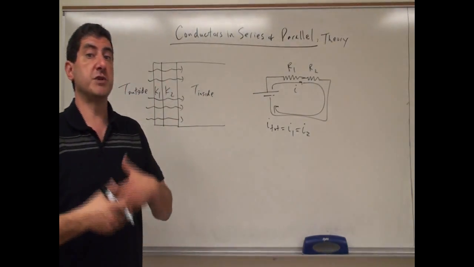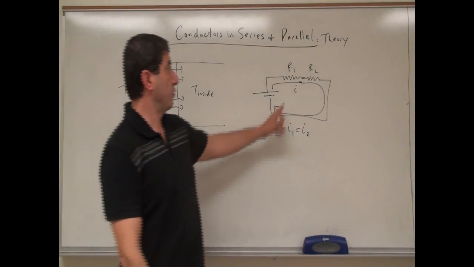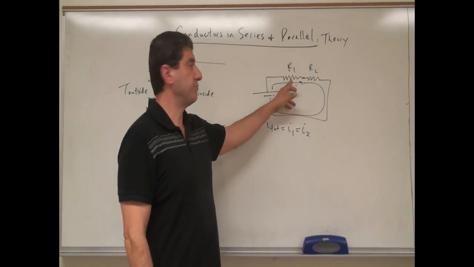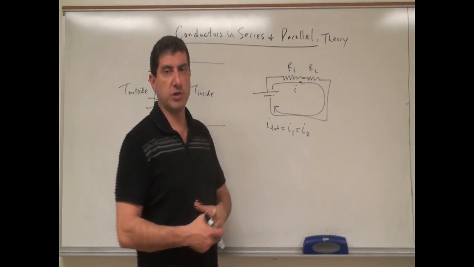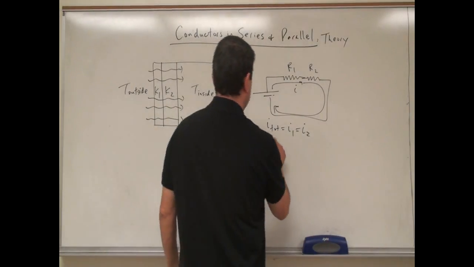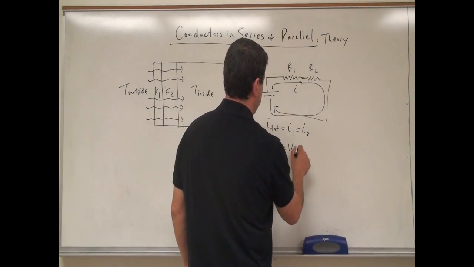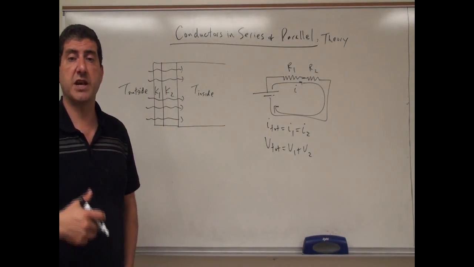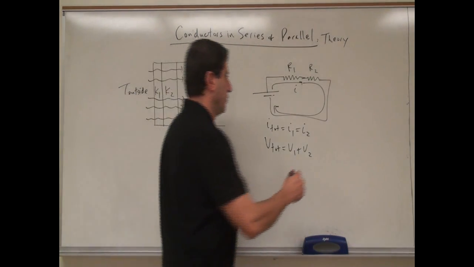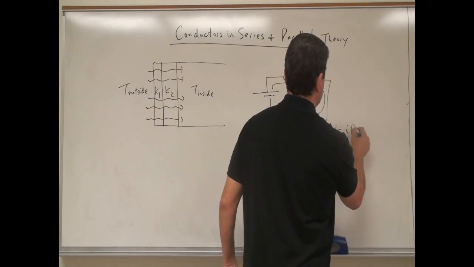Then we have to determine what adds up. The voltage difference across resistor 1 plus the voltage difference across resistor 2 adds up to give you the total voltage of the battery. So V total is equal to V1 plus V2. Then we use the definition of resistance and Ohm's law: voltage is equal to current times resistance.